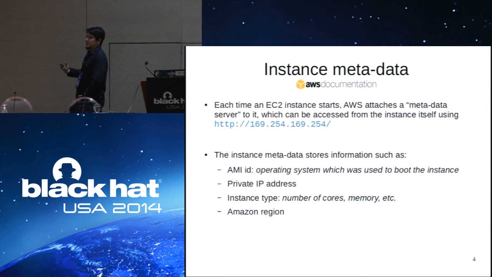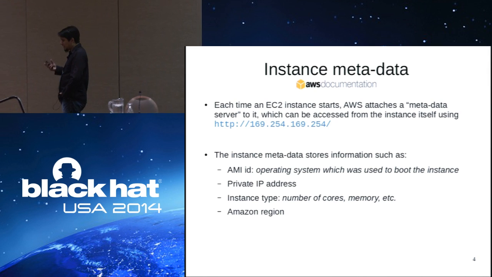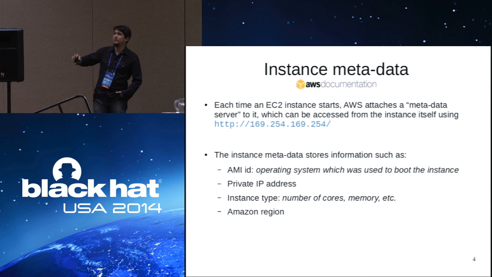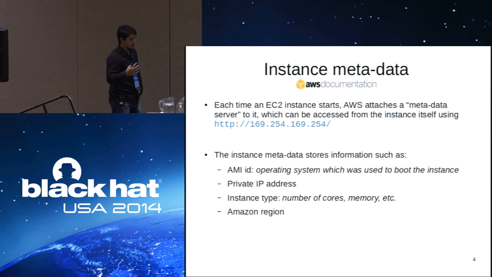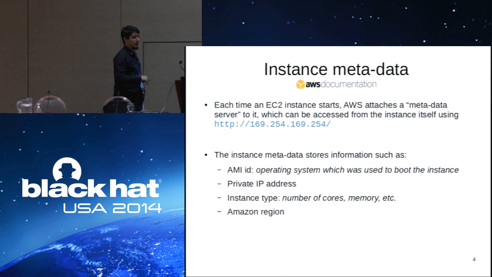One of the things is the AMI ID. The AMI ID is basically an identifier for that EC2 instance operating system, image, and stuff like that.